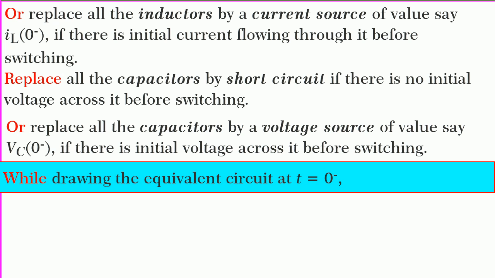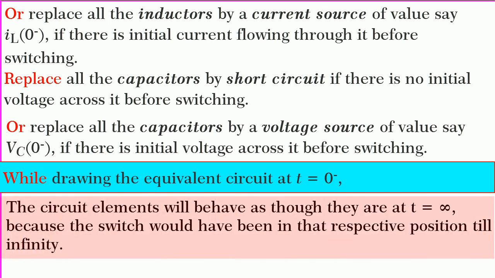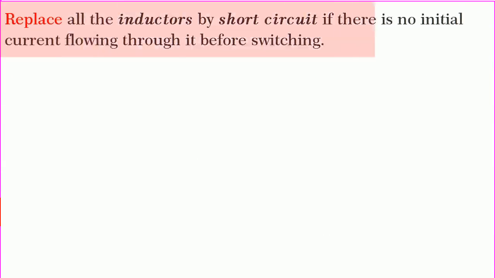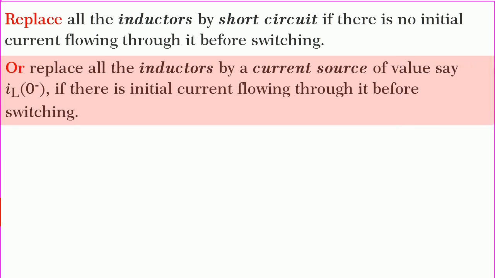While drawing the equivalent circuit at t equal to 0 minus, note that the circuit elements behave as though they are at t equal to infinity, because the switch will be in the respective position from t equal to 0 minus to t equal to infinity. So, replace all the inductors by short circuit if there is no initial current through it, or by a current source, say IL0, if there is initial current through the inductance.